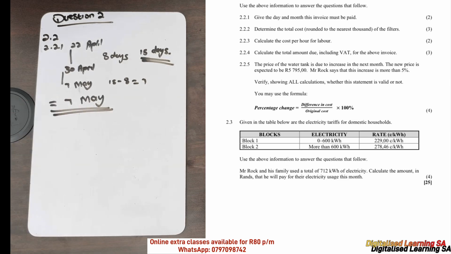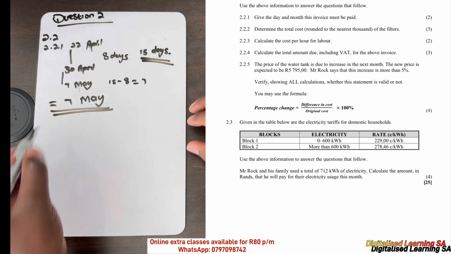Okay, so now let's move to our next question, which is question 2.2.2. It says determine the total cost, rounded to the nearest thousand, of the filters. So we need to determine the total cost of the filters.